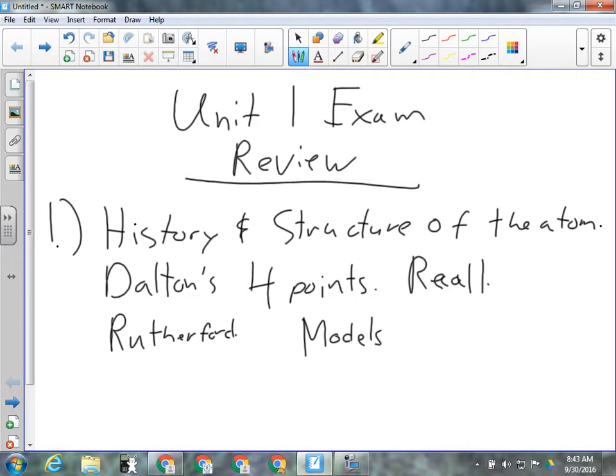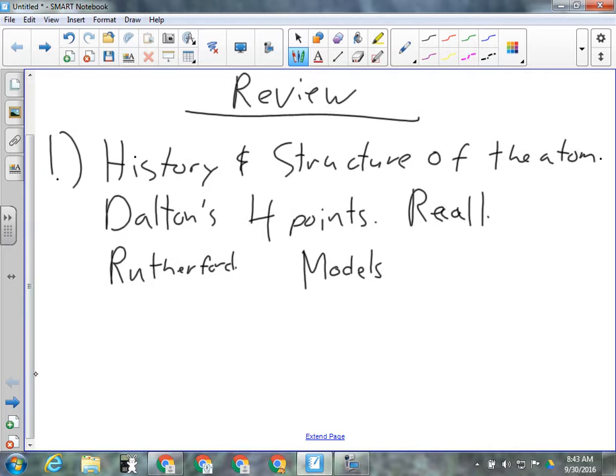If I have a multiple choice question with a picture of one of the models, I would ask which model is this? And you would have to say, that's the Rutherford model, or the Bohr model, or the electron cloud model, or whatever. So make sure that you can recognize those from a picture, and the picture is pretty obvious. And then obviously know the parts of the atom and where they are.